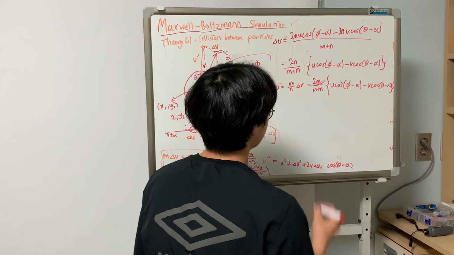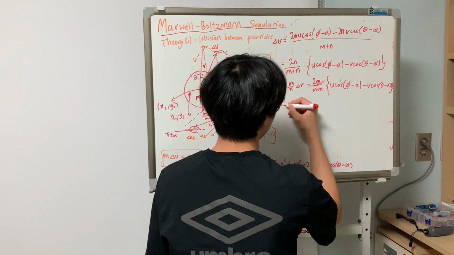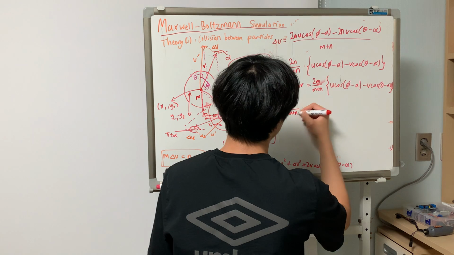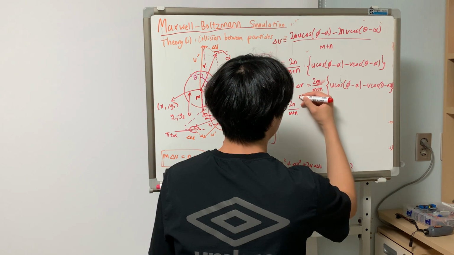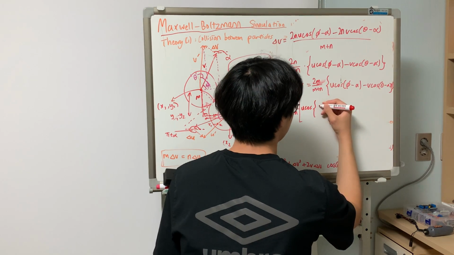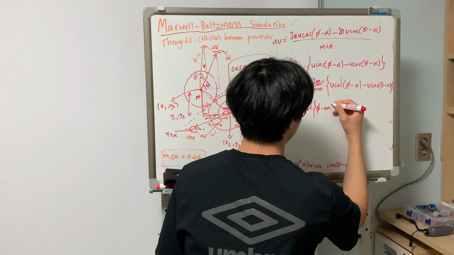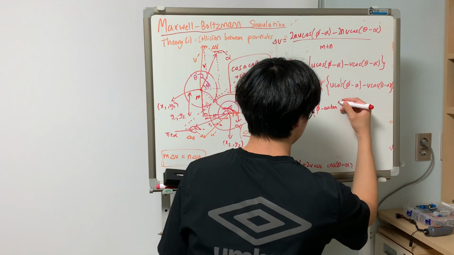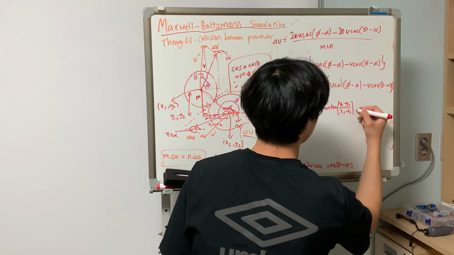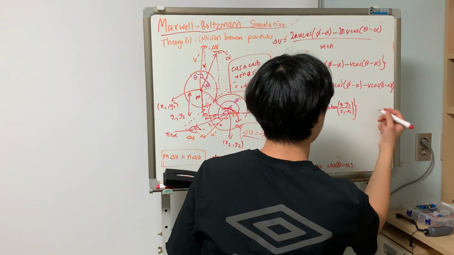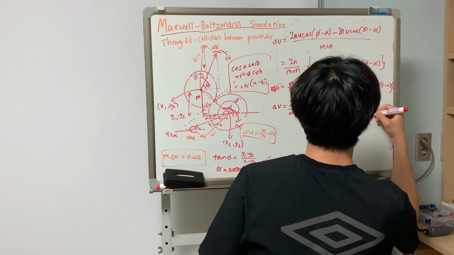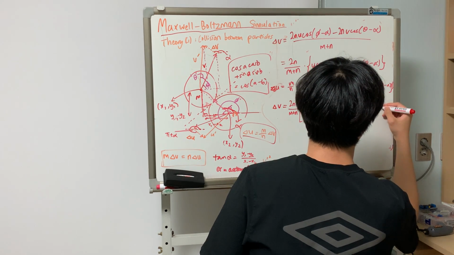So our final expression for delta v is going to be equal to 2n over m plus n times u cosine of phi minus arctangent of y1 minus y2 over x1 minus x2, minus v cosine of theta minus arctangent.